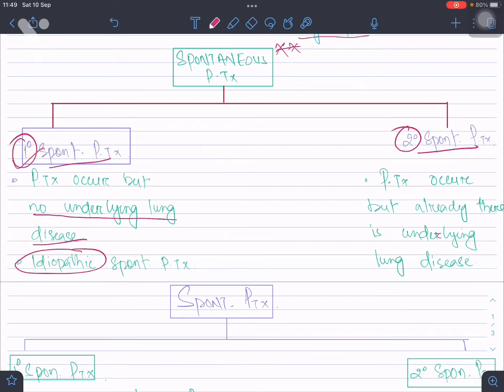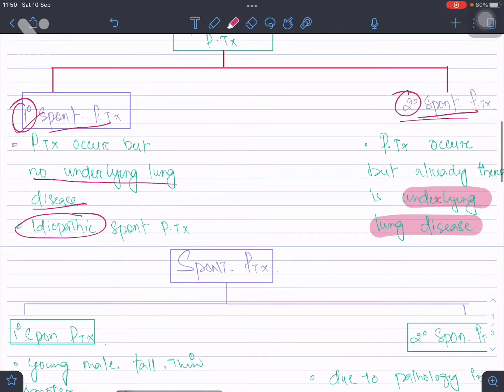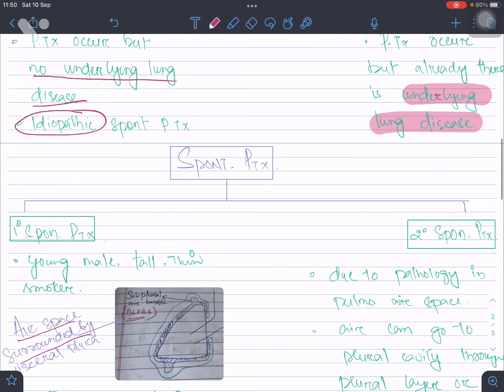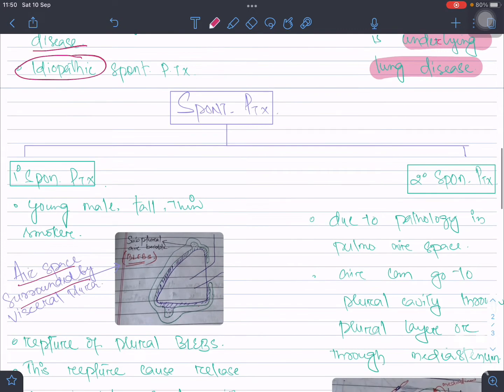Secondary spontaneous pneumothorax can be due to some underlying lung disease, which can be serious or mild, but there will always be lung disease related to it. So let's look at what the causes are and what needs to be understood here, in the primary and the secondary.